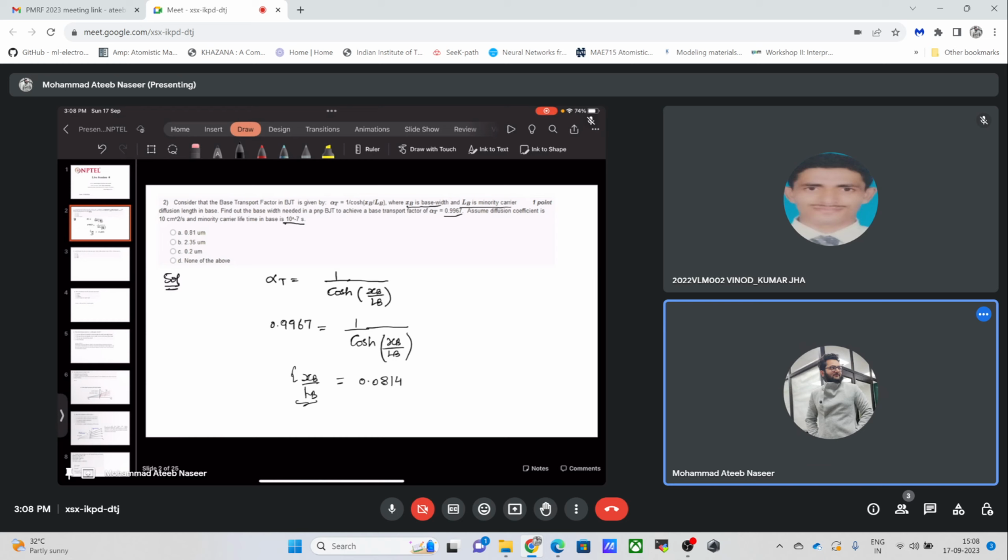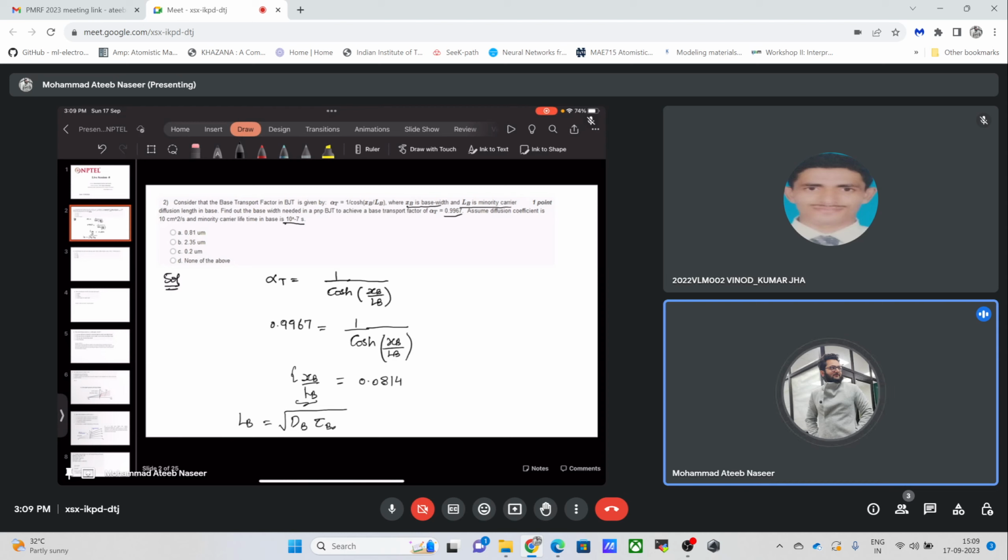Now we need to find xb, but for that we need the value of lb as well. We know that lb is given by this simple relation, lb equal to the square root of DB times tau b, where DB is the diffusion coefficient and tau b is the minority carrier lifetime. You can check the units as well.